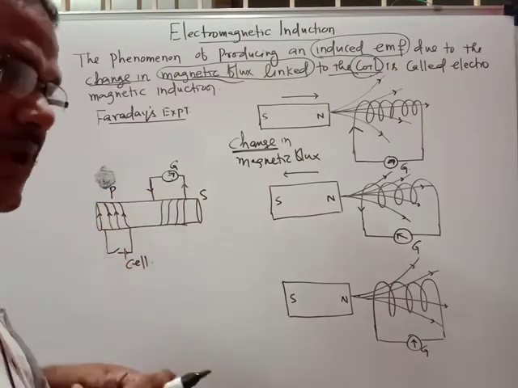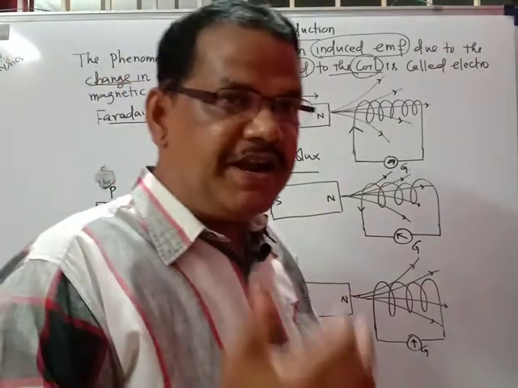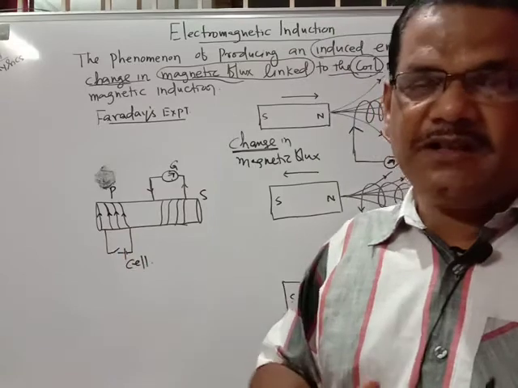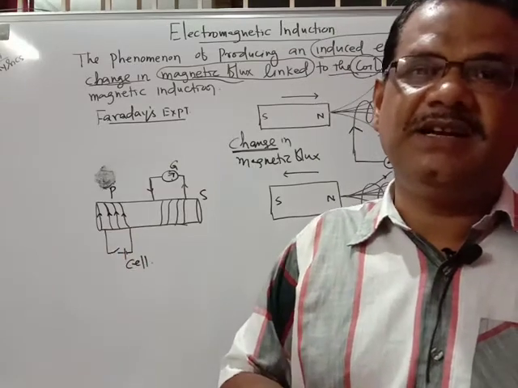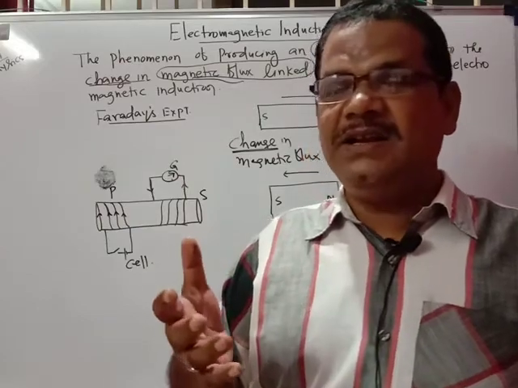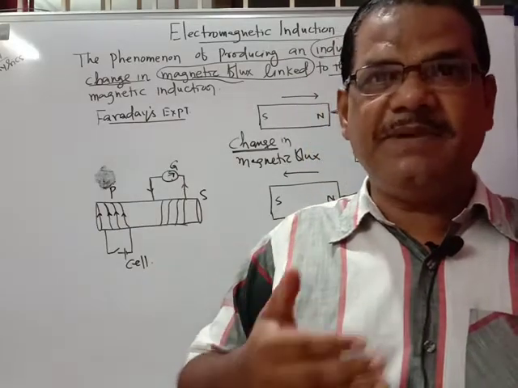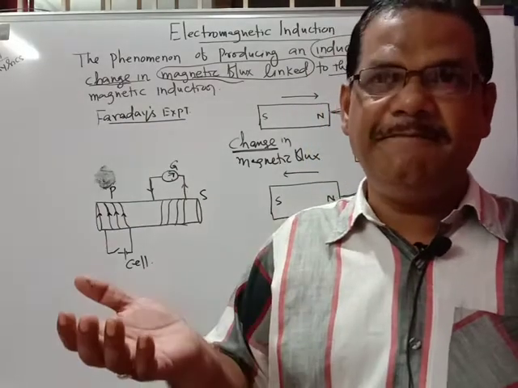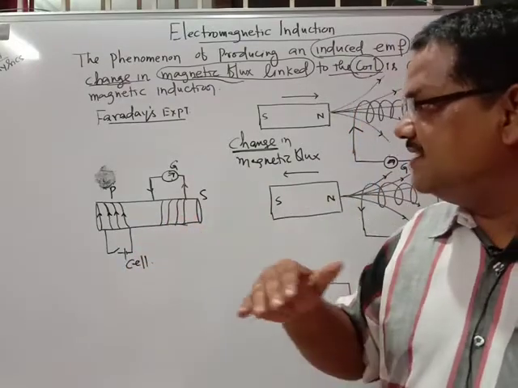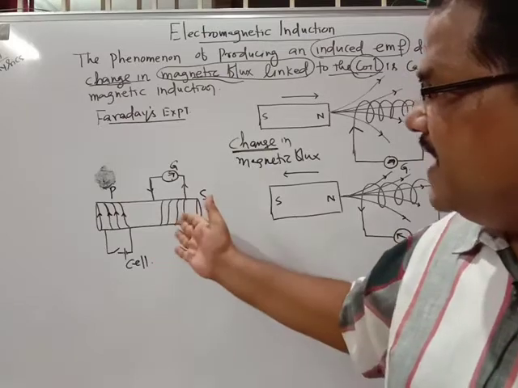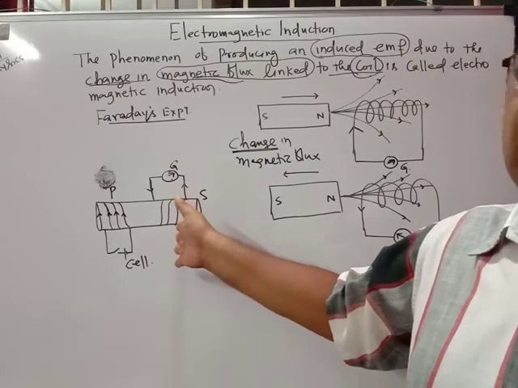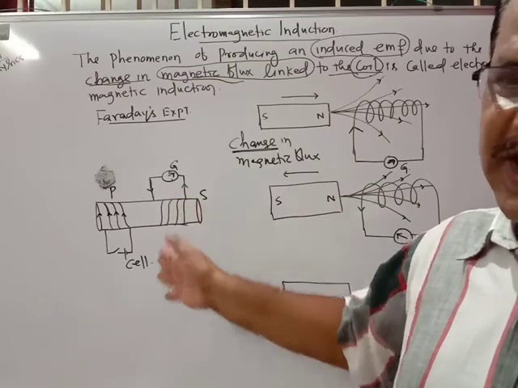Whenever you are switching off and on continuously in the primary coil, supplying the current and stopping it, the magnetic field, or the magnetic flux, is varied. The magnetic field increases and decreases, and that changing magnetic flux links to the secondary coil, and we get an induced current in the secondary coil.